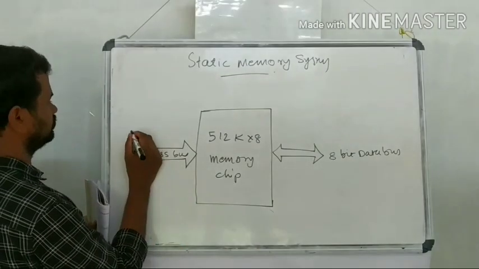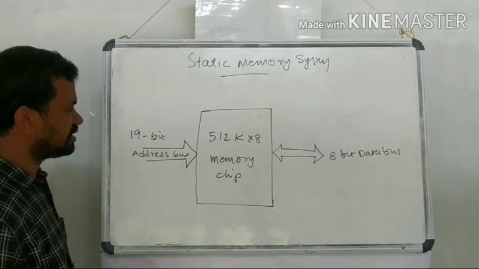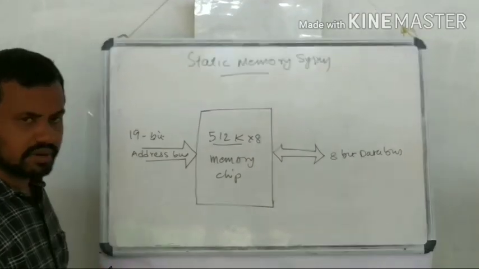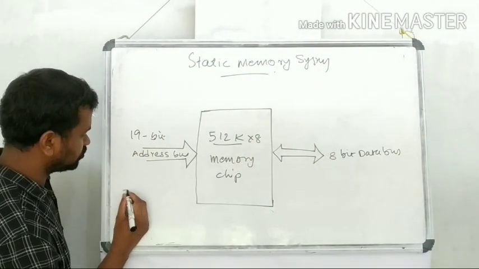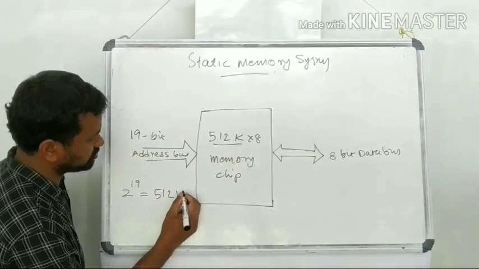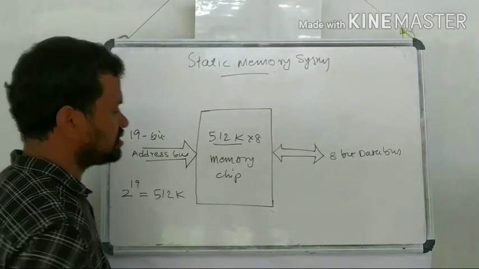We need a 19 bit address to address the memory chip. That is, 2 to the power 19 is equal to 512K. That is why we need a 19 bit address bus.